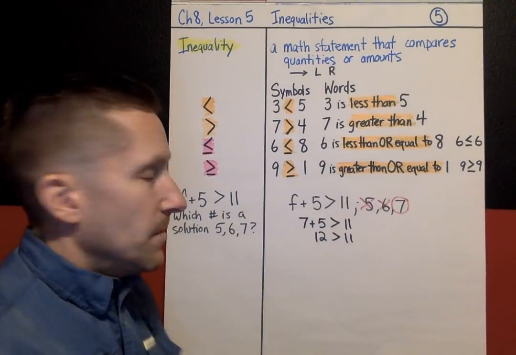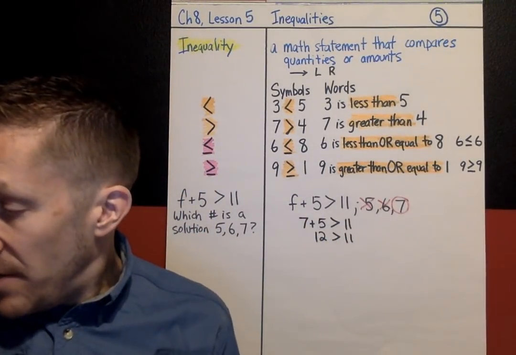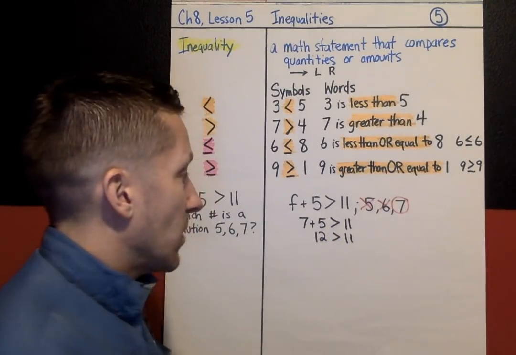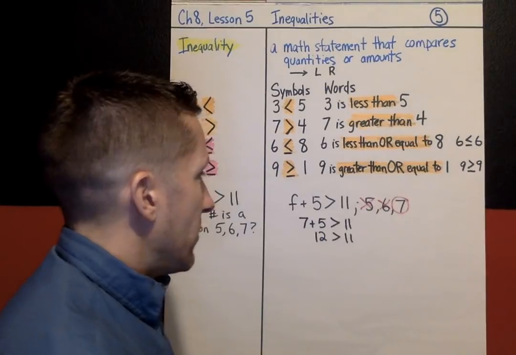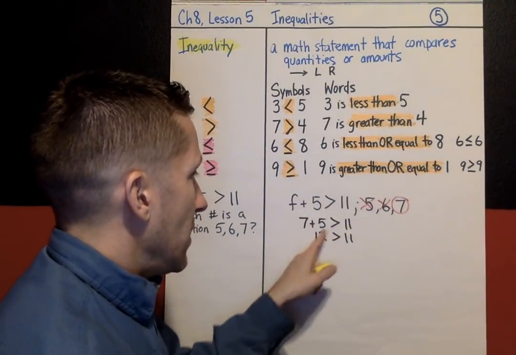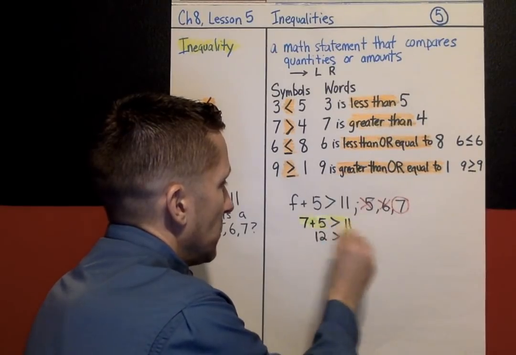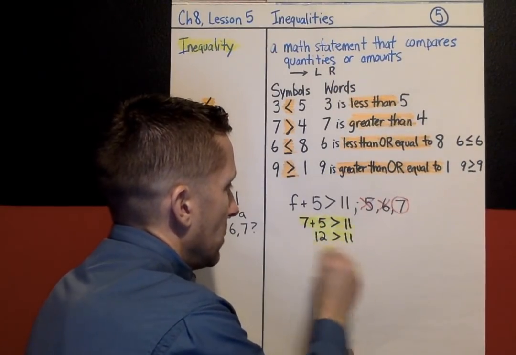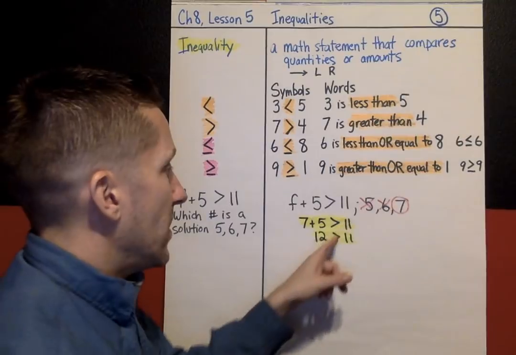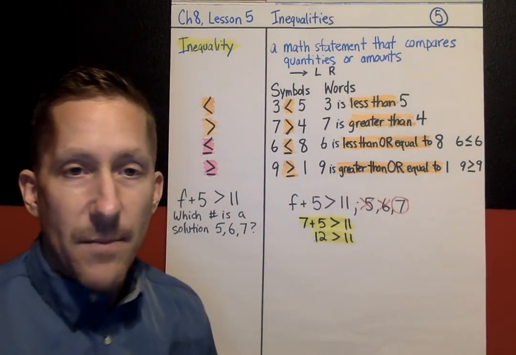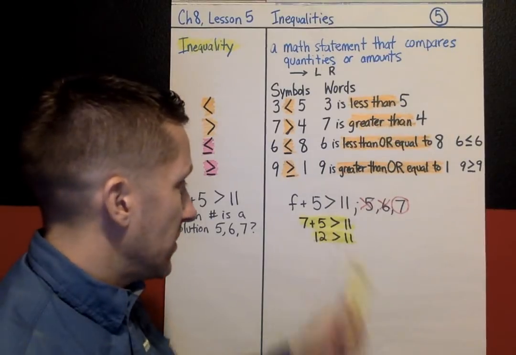I know you can do that in your head, but today, this is what you should be doing in your workbook: once you think you have a number, plug that number into the inequality and just show how it works. So there's what your work would look like in your workbook. What's the statement that is true? 12 is greater than 11.